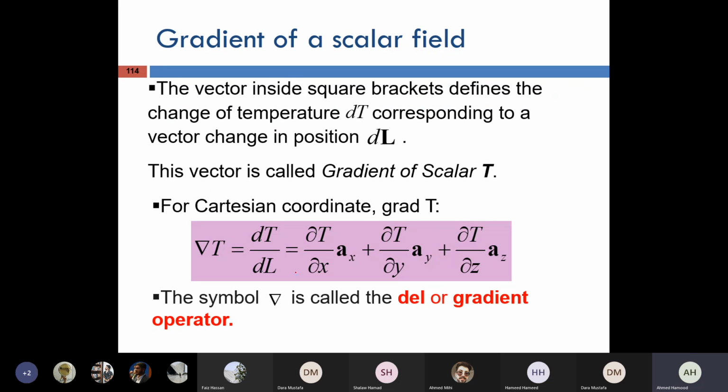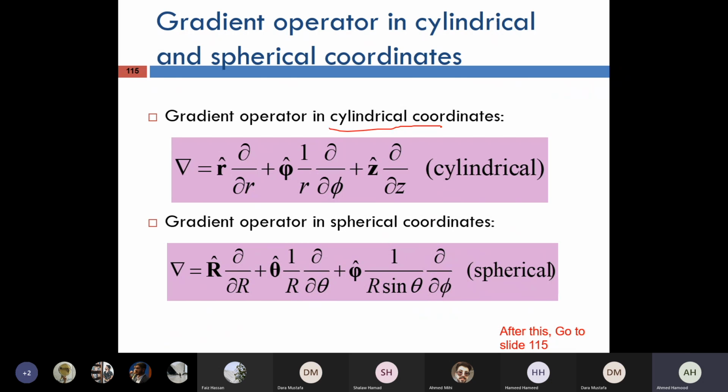So we can see the gradient of a variable t, which we call del t, or gradient t. Firstly, we apply this equation, derivative by x, y, and z, similarly for cylindrical coordinates as well as for spherical coordinates.